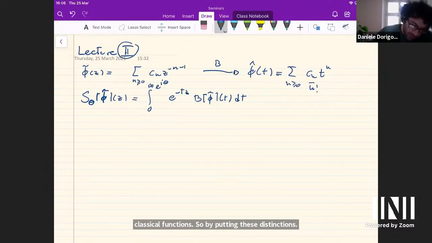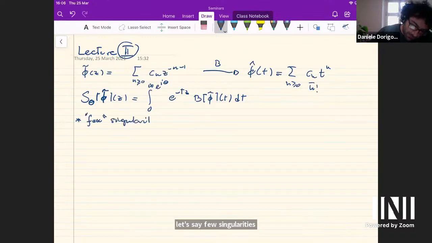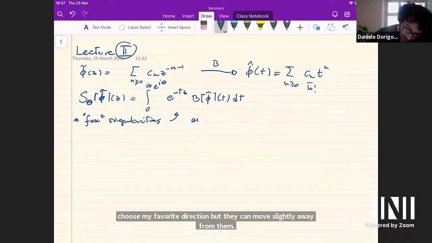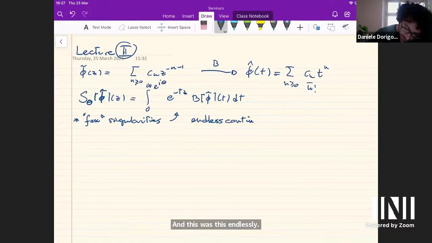And some of the restrictions that I told you about were few singularities, which meant that I can almost always do this integral along my favorite direction. Maybe I cannot choose my favorite direction, but I can move slightly away from there. And this was this endless continuability.